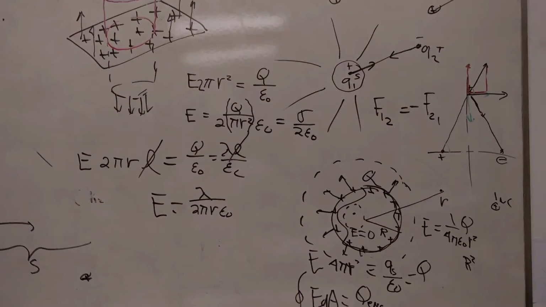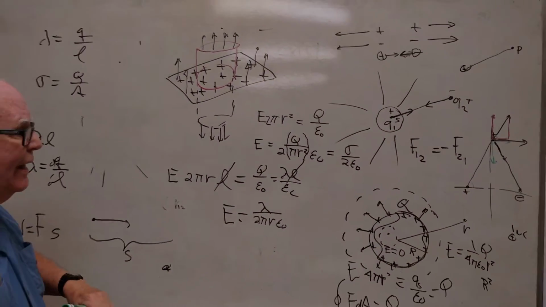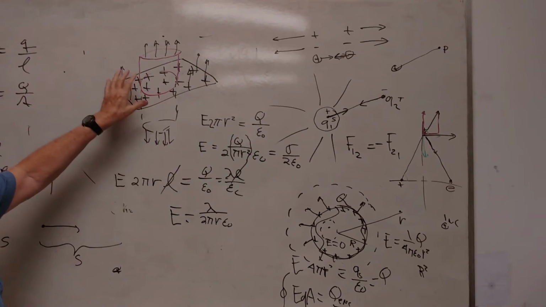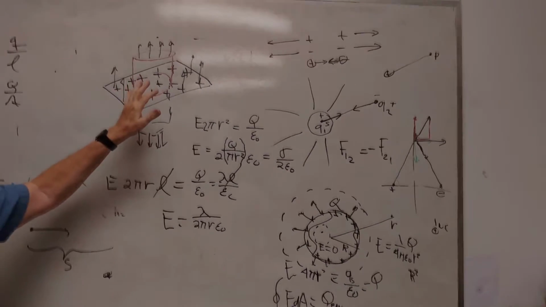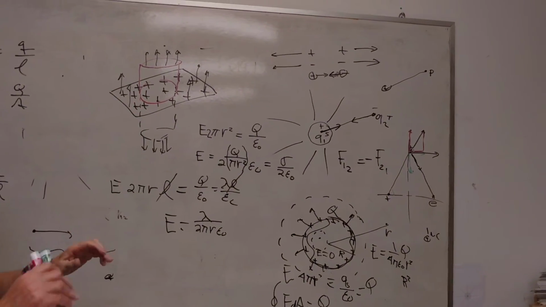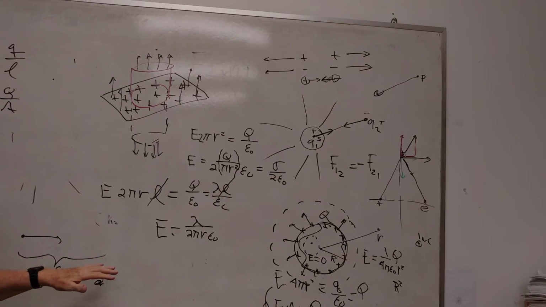Okay? That's the field of an infinite plate at any distance. You see that the r disappears, because it's the area, it's not the distance. So how nice. The sphere is 1 over r squared. The rod is 1 over r. And the plane has no r.